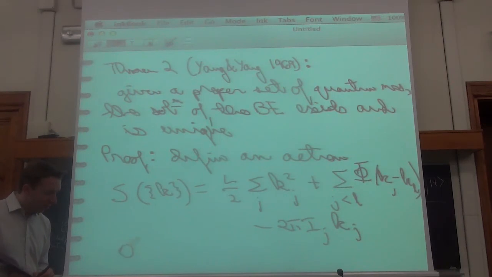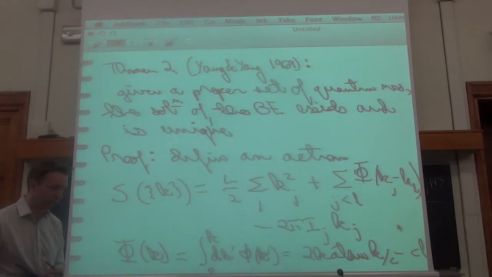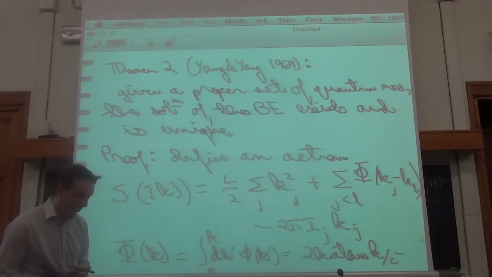Okay, so where this phi of k is just the integral from 0 to k dk prime of the phi function that we have. Okay, so this is just 2k arctan k over c minus c log, okay, you'll see it in the notes.